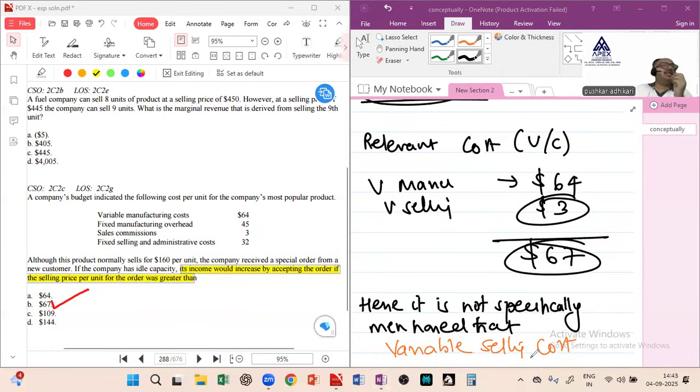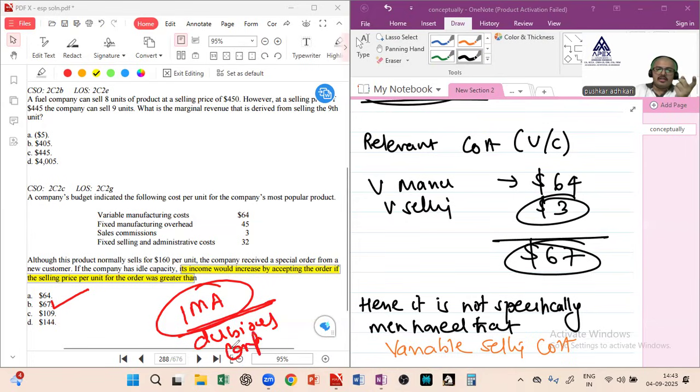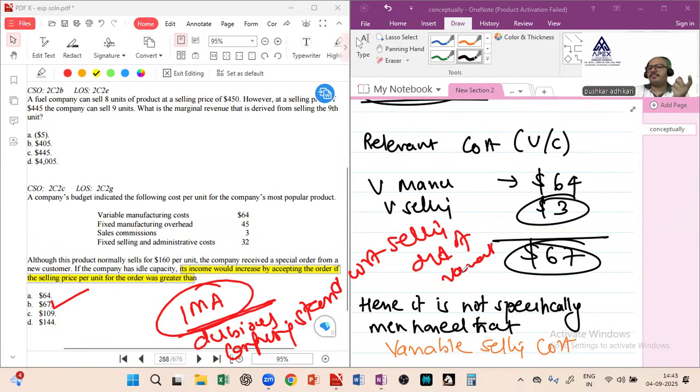The problem is that the IMA has a very dubious and confusing stand with respect to selling overheads of variable nature.